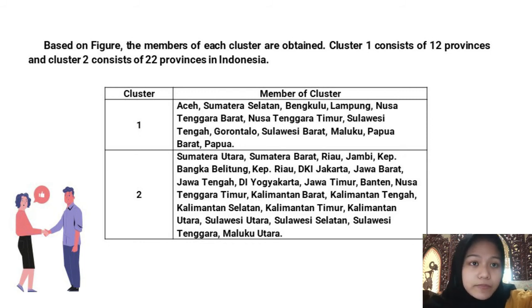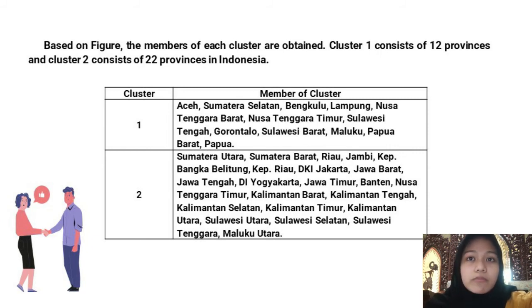The members of cluster 1 are Aceh, Sumatera Selatan, Bengkulu, Lampung, Nusa Tenggara Barat, Nusa Tenggara Timur, Sulawesi Tengah, Gorontalo, Sulawesi Barat, Maluku, Papua Barat, and Papua.